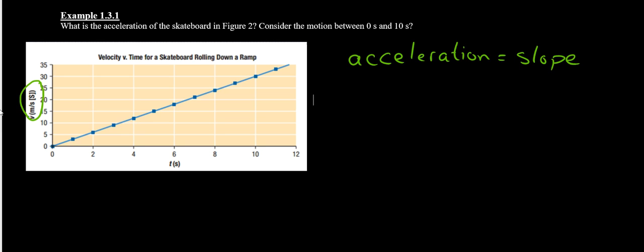We're going to look at the 2 points here at 0 seconds and here at 10 seconds. At 0 seconds, we can see that our velocity is 0 meters per second.